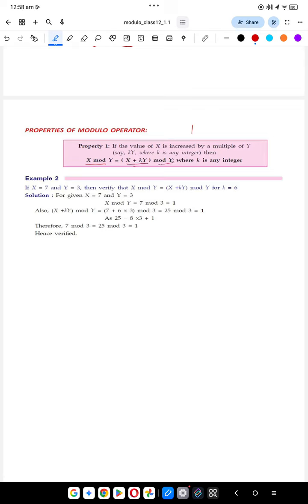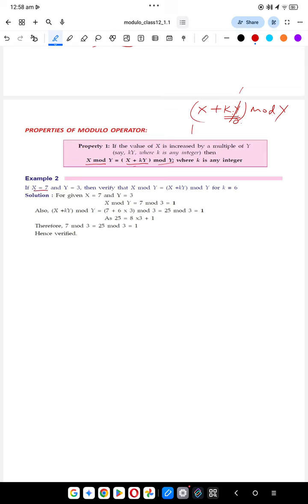If we simplify the brackets, since this is already a multiple of y, this part will directly be 0, and we will verify this with an example.